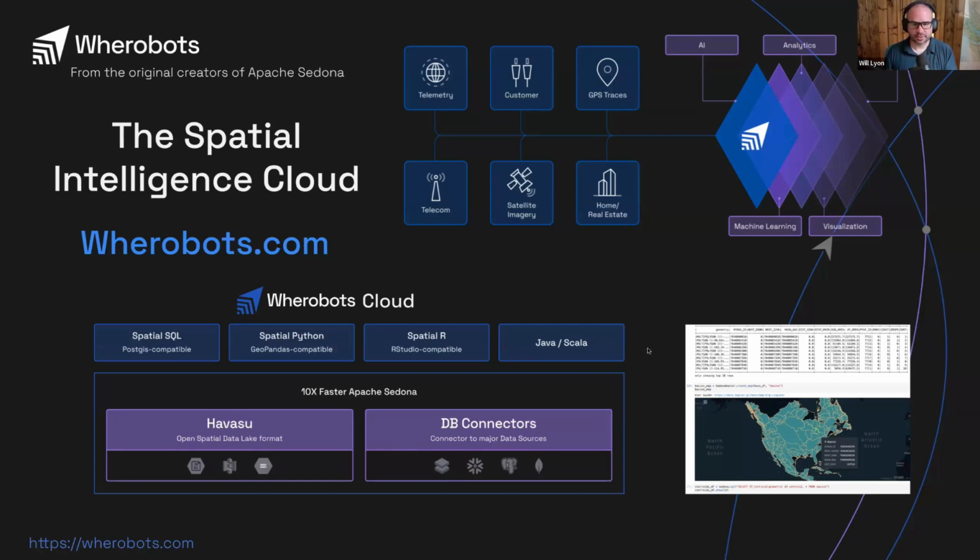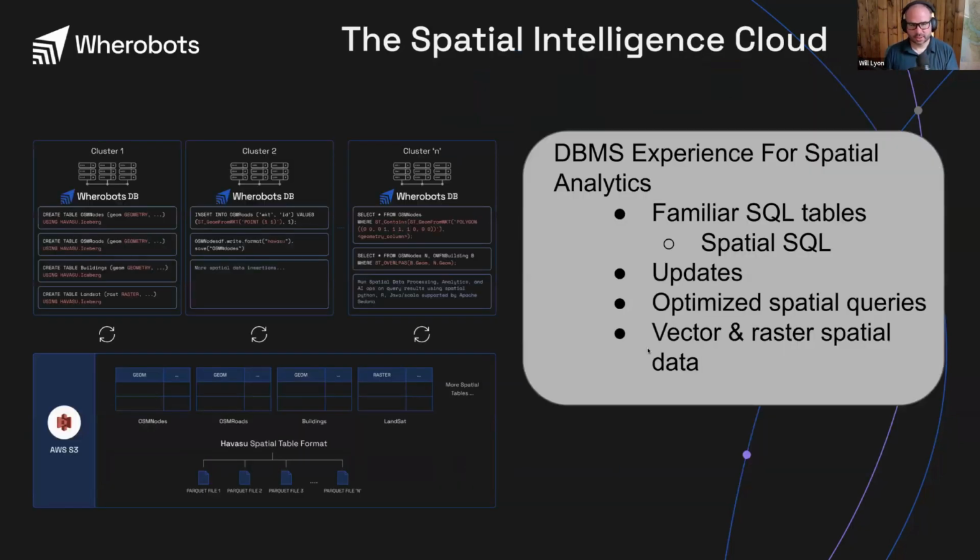So one of those features is bringing this idea of a spatial data lakehouse. So bringing familiar SQL tables as the interface for working with spatial data. We do this by supporting Apache Iceberg, which is a table format, and adding spatial functionality in a version of Apache Iceberg that we call Havasu, which adds things like spatial statistics and spatial functionality for optimizing spatial queries using spatial SQL.